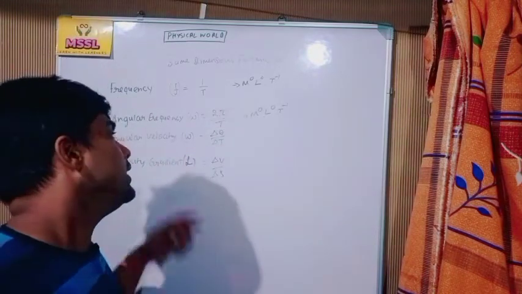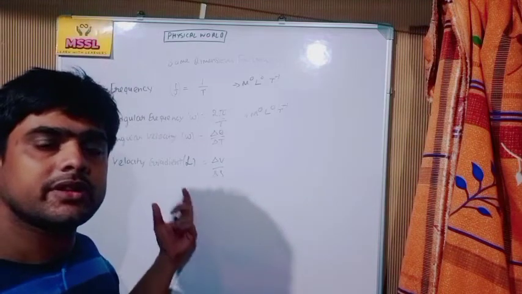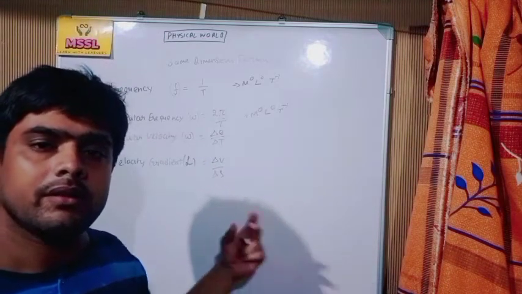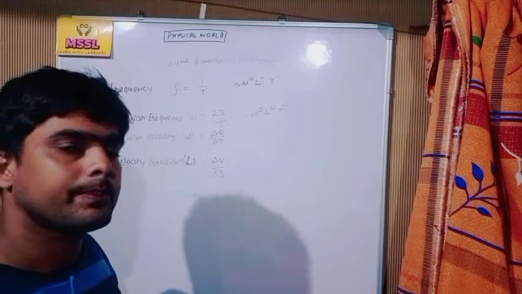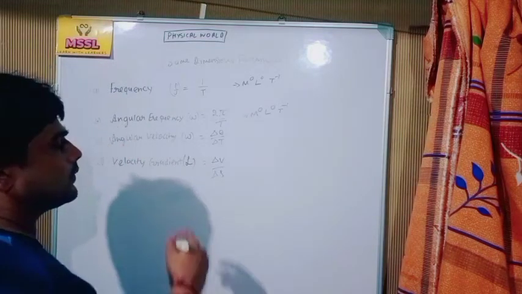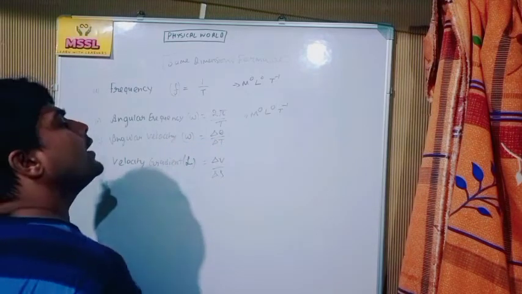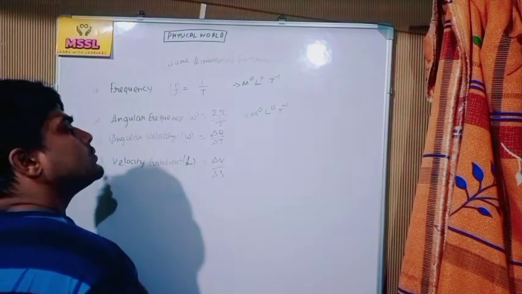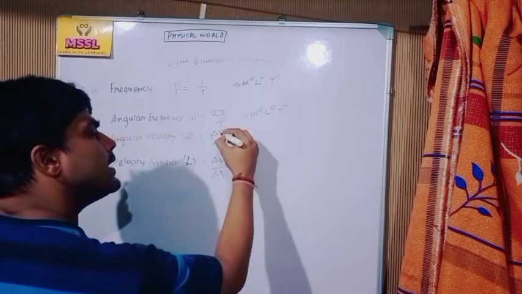Now we have the angular velocity. Angular velocity is the angular displacement per unit time, represented by omega. So this is del theta by del t. Why have we used theta?